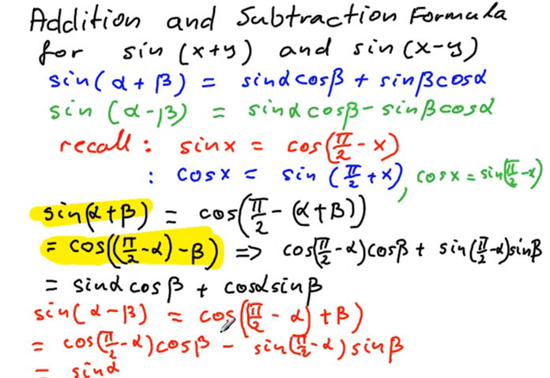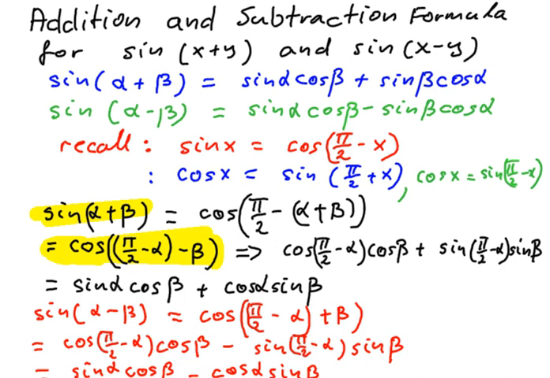So this is once again cos pi over 2 minus alpha times cos beta. So this is why it should be cos beta in the first place. Sine pi over 2 minus alpha, into cofunction, will become cos alpha. So cos alpha sine beta.